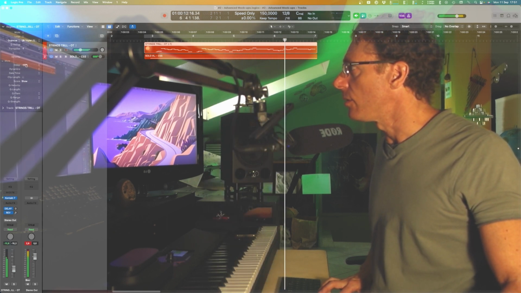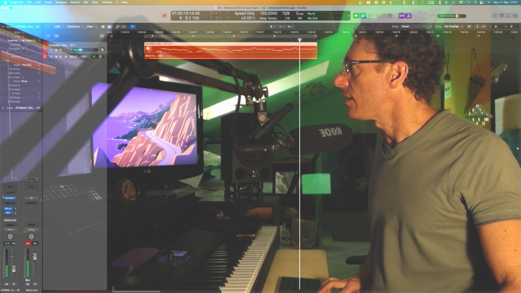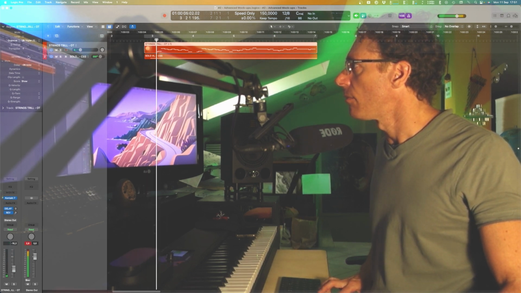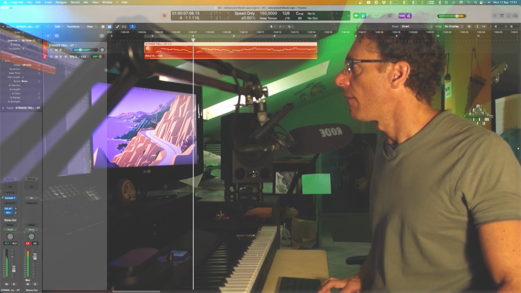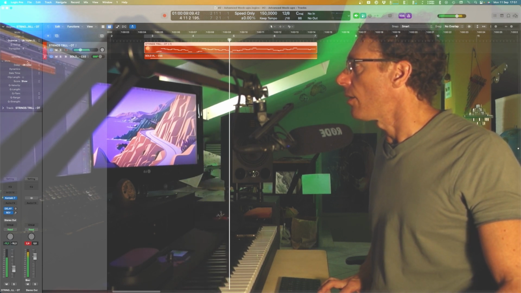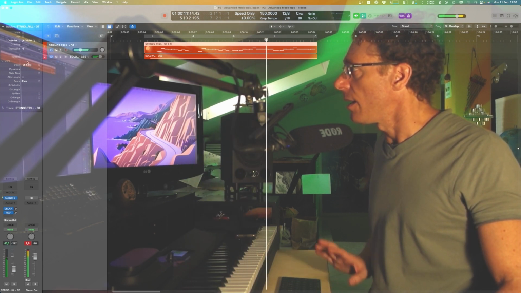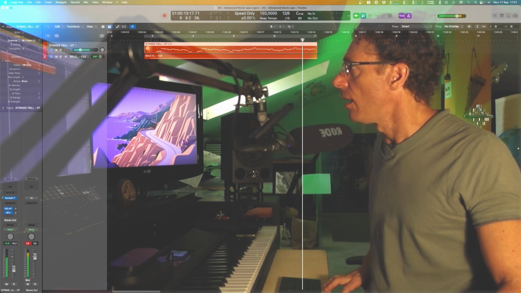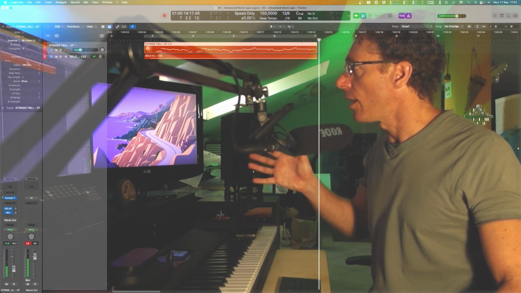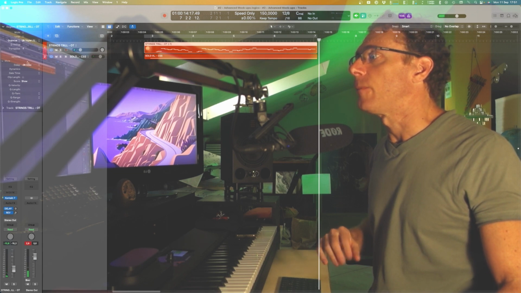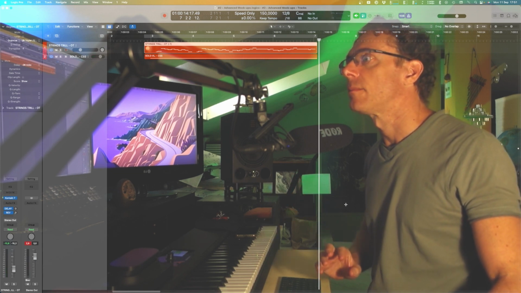I probably have to add some more delay, I don't know. So this is another parameter regarding rhythm and tempo which you have to keep in mind.